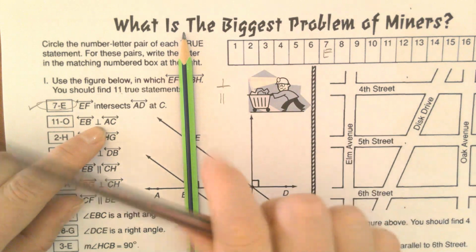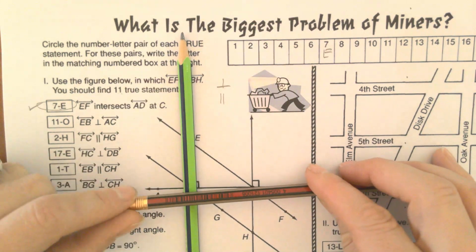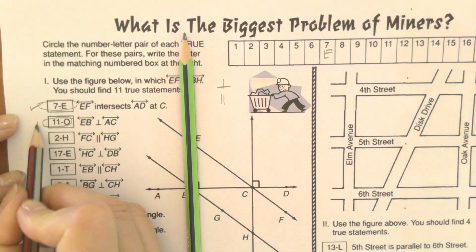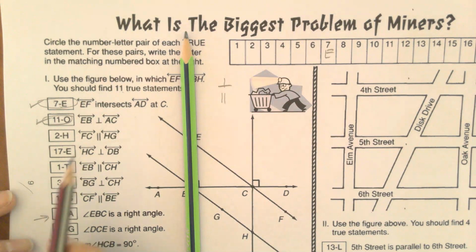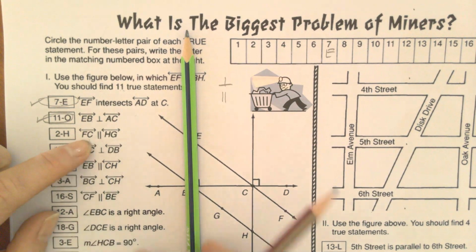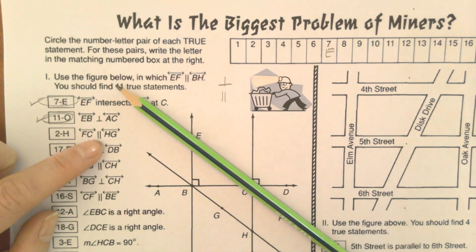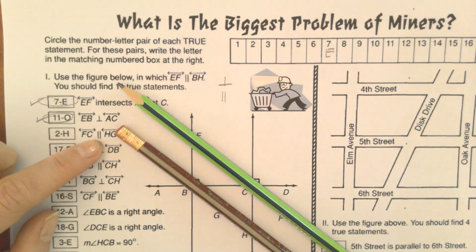So it says EB is perpendicular to AC. Yep, they're perpendicular, so that's true. Let's do the next one. Let's do parallel. FC is parallel to HG. Yep, those are parallel.